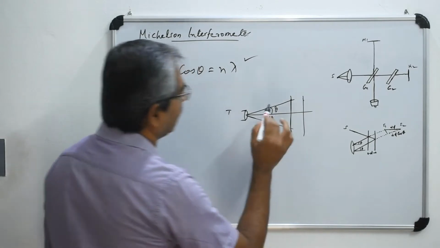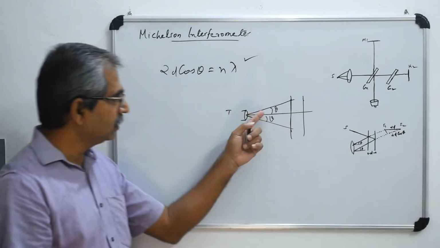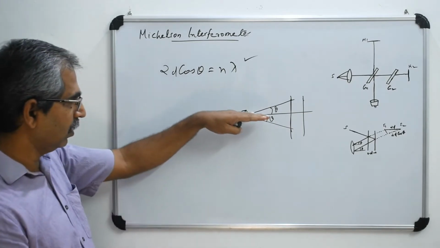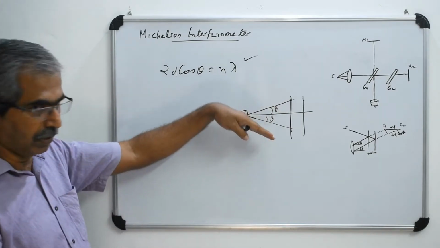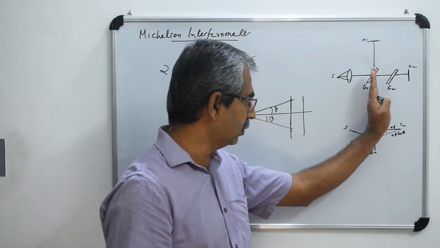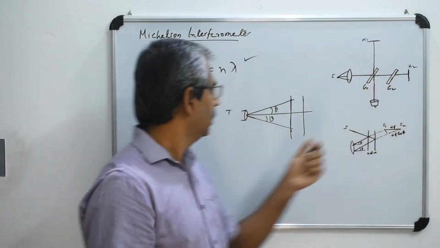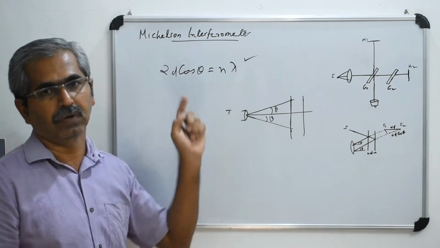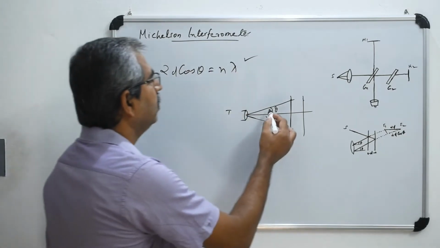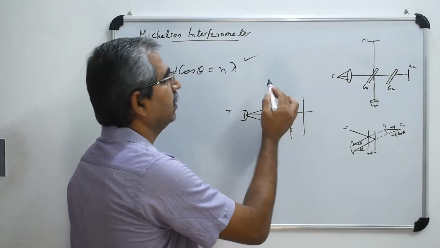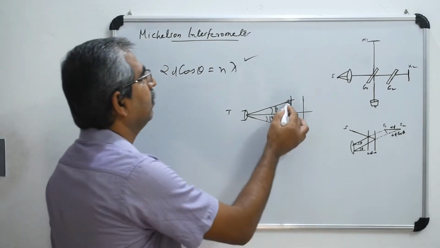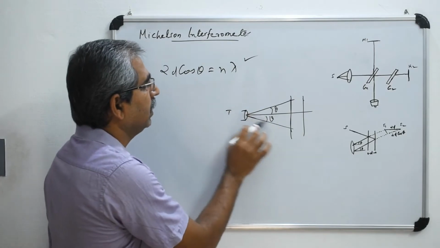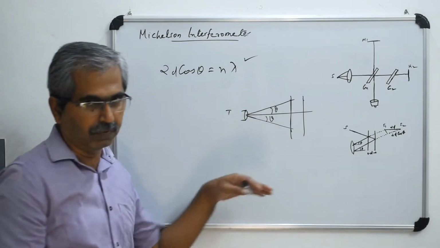This depends only upon the direction of observation. Whether you are looking upward or downward, left or right, theta will be the same, so the condition will not change. Along the angle theta, if the destructive interference condition is satisfied, you have a dark region, and exactly the same thing happens downward also.